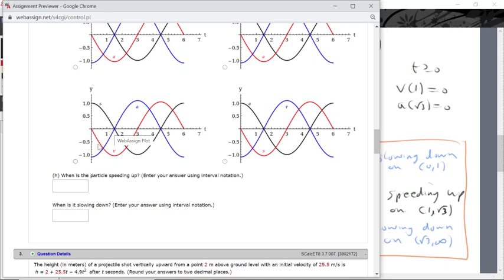Furthermore, since the velocity is negative, this object is actually moving to the left. It's speeding up to the left from 0 to 1.5. Notice we can also see that when the acceleration is equal to 0, what happens to the velocity curve? The velocity curve, which is nice and smooth, would have a horizontal tangent line. In this case, it would approach a minimum.